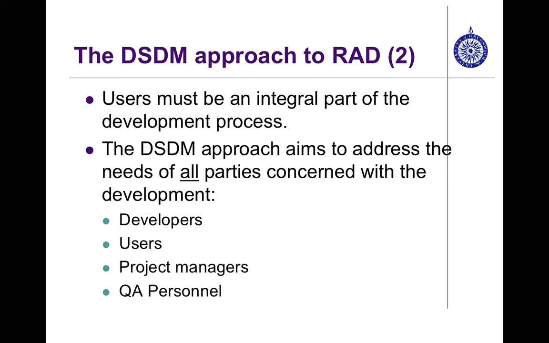And for the DSDM Atern philosophy, you can see that the philosophy of DSDM Atern contains three different layers. The first layer is the philosophy, which can be considered the roof of the house.